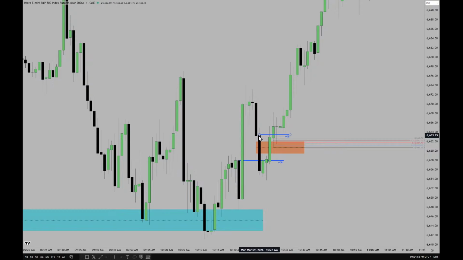So now, anything past this, it can touch, it can go in the upper quadrant, it can wick to the consequent encroachment, it can wick to the lower quadrant, but it cannot leave a body below consequent encroachment to keep this whole setup valid for a long. Consequent encroachment nails it, upper quadrant here, doesn't even go below to touch the top. And then we open here, come down, change in state of delivery, can't be touched there, and rallies up, closes on an up close basis. Start looking for higher prices.